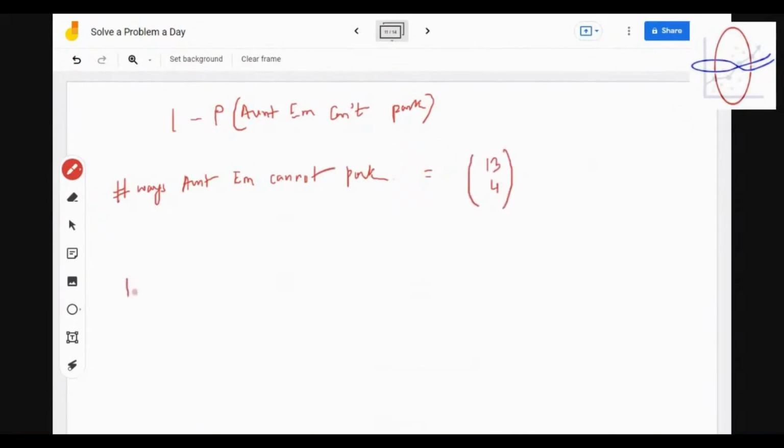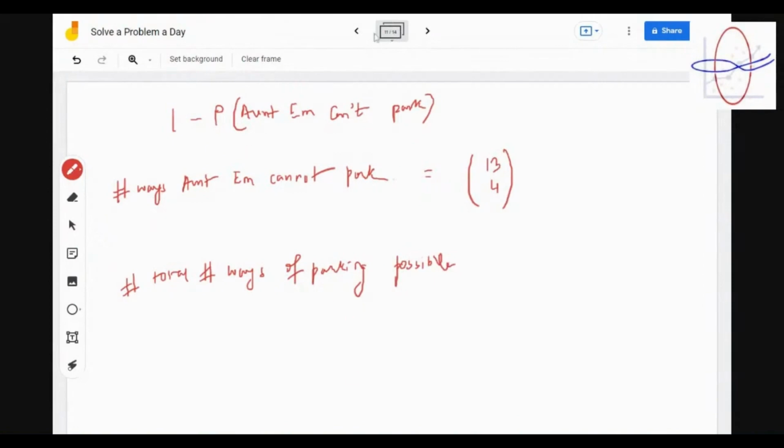Now we have to count the total number of ways of parking possible. How do we count that? It's really interesting.